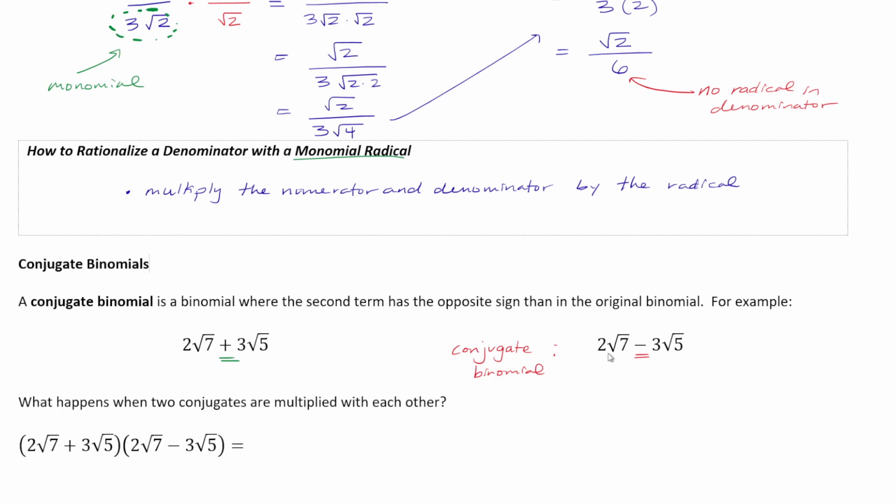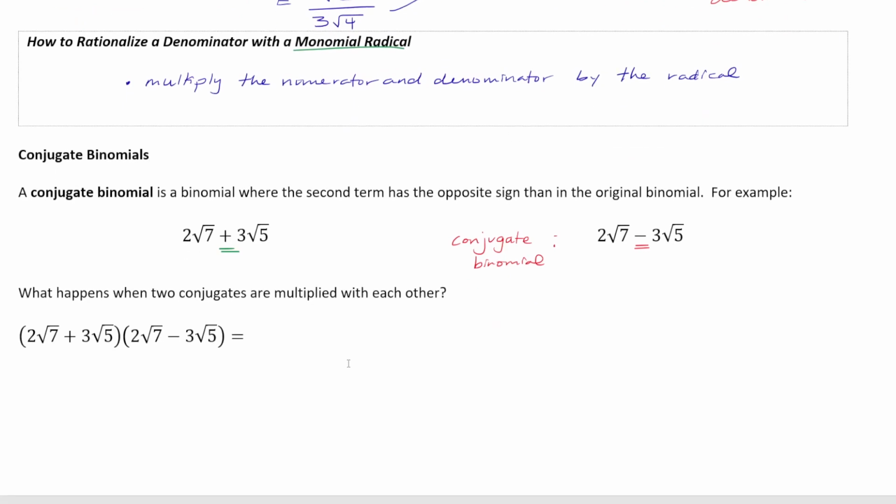So let's see what happens when we multiply these conjugates together. We've got 2 root 7 plus 3 root 5 times 2 root 7 minus 3 root 5.